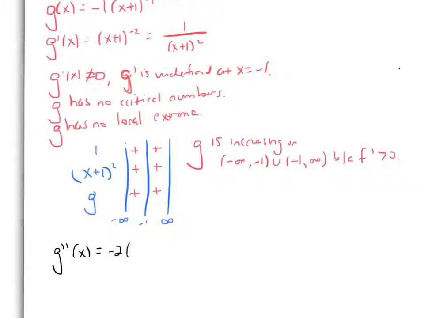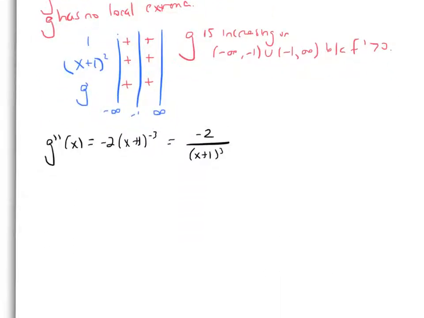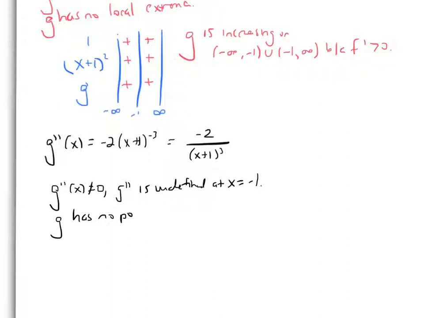All right, let's find our second derivative now. We'll have negative 2 times x plus 1 to the negative 3, which is negative 2 over x plus 1 cubed. Now our second derivative is never equal to 0, but our second derivative is undefined at x equals negative 1. Now again, negative 1 is not in the domain, so g does not have any points of inflection.